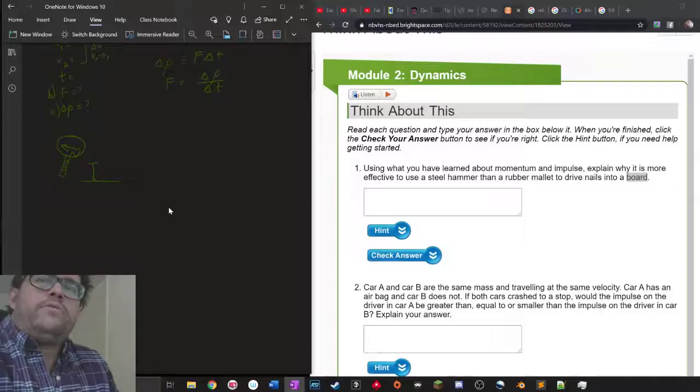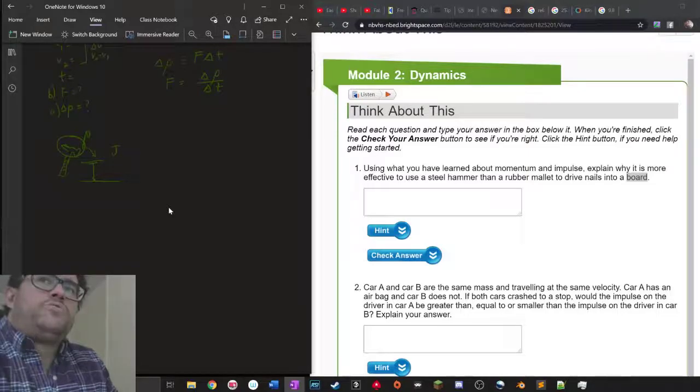You drive the hammer onto the nail with the impact. I'll try to use words. The momentum of the hammer impacts on the nail and offers an impulse to the nail.